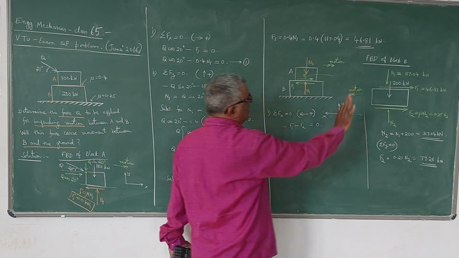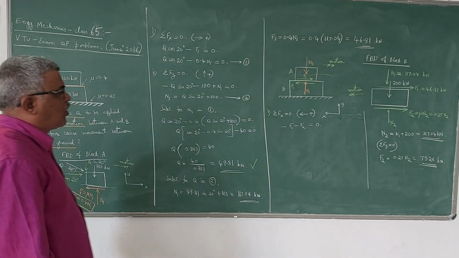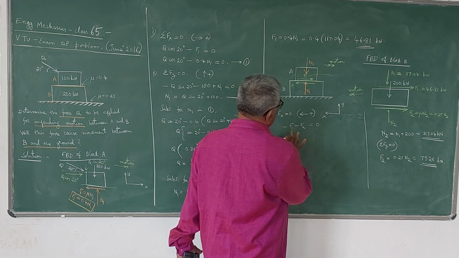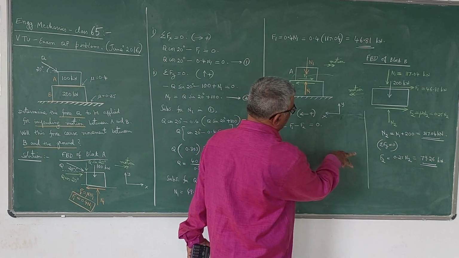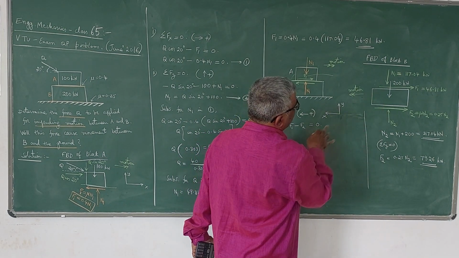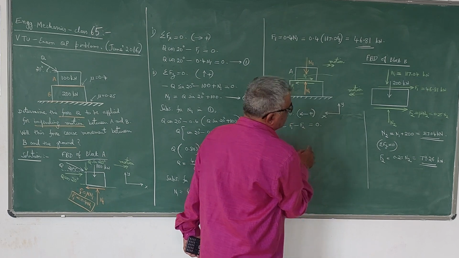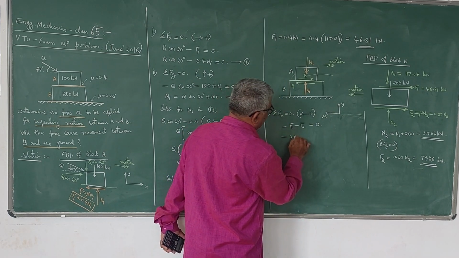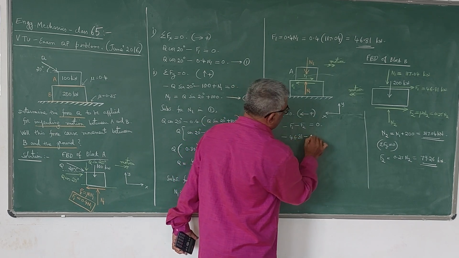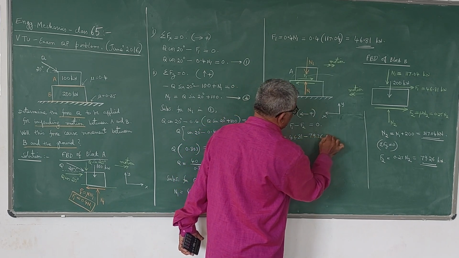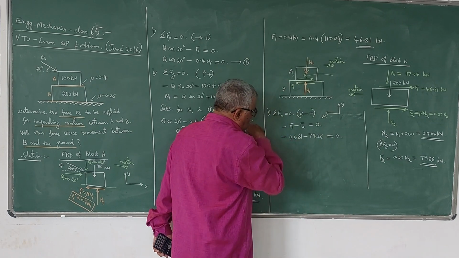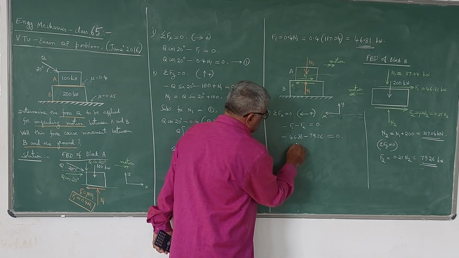Because there is no other force acting on the block B. But what you are getting here, since your values of F1 and F2 are like this, minus 46.81 minus 79.26 should be 0, which is not correct.